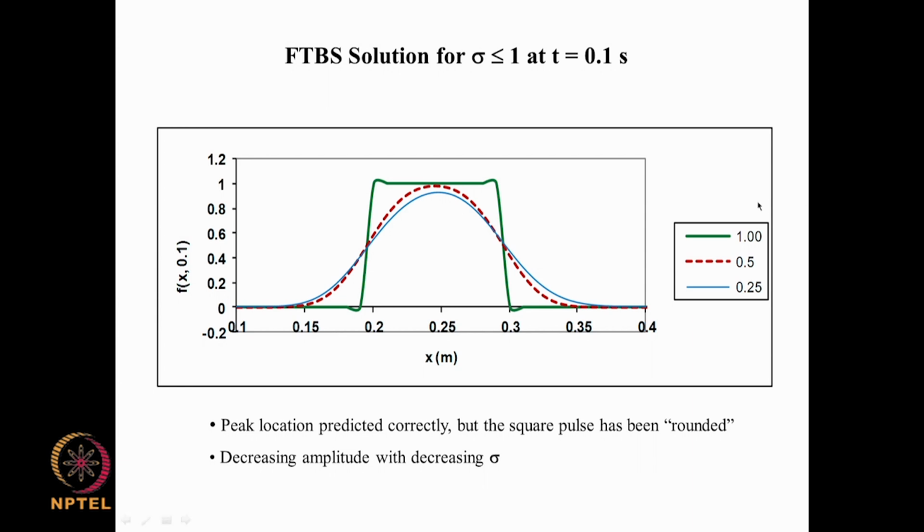So, we would expect a more and more accurate solution as we go from 1 to 0.5 to 0.25, because delta t is decreasing. There are these small curves here which are more software glitches, because it is trying to fit some smooth line through this.